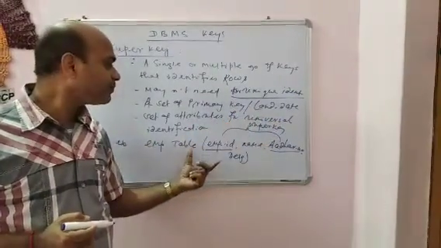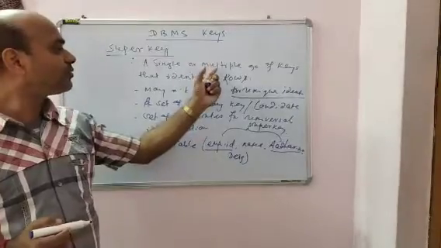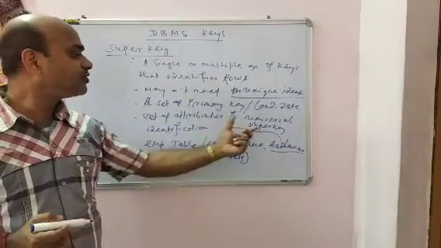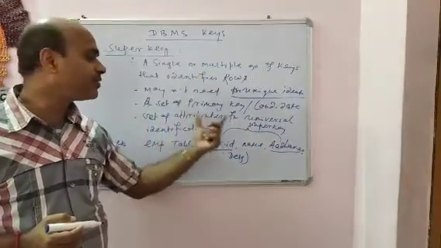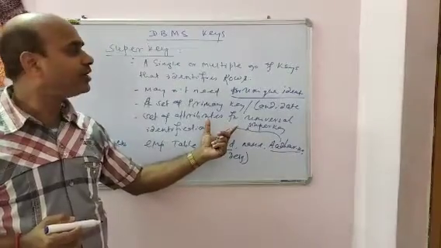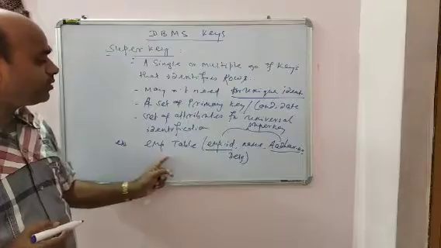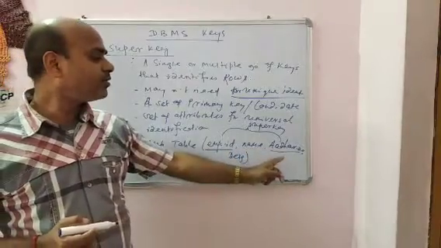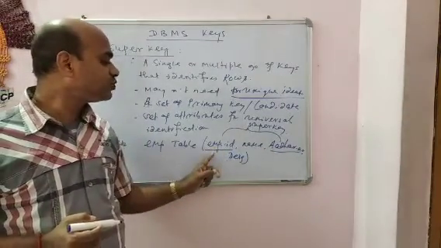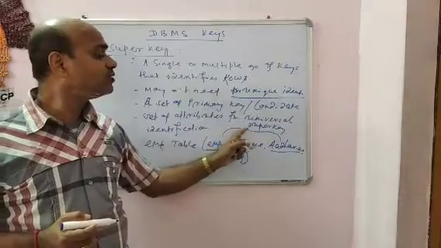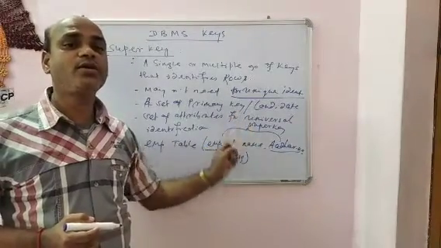We are using a number of keys for universal, unique identification of a row in a table, that is the super key. So in this employee table, the combination of employee ID and Aadhaar number universally and uniquely identifies a particular employee.